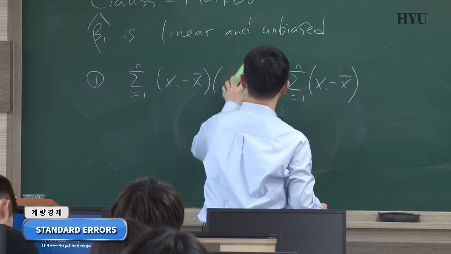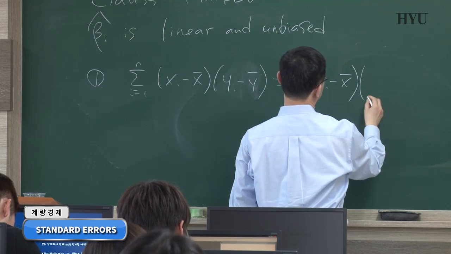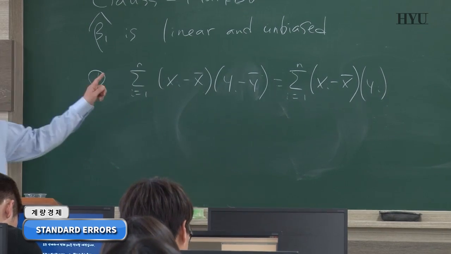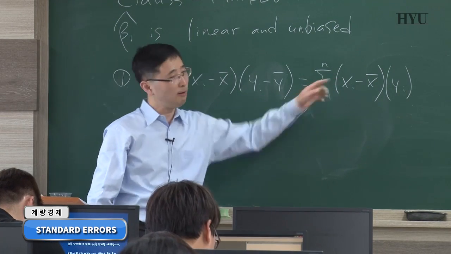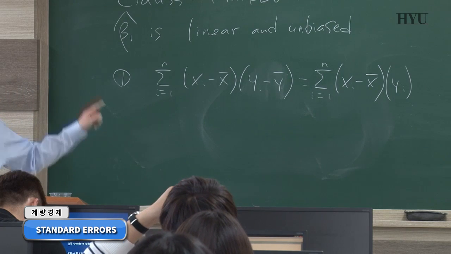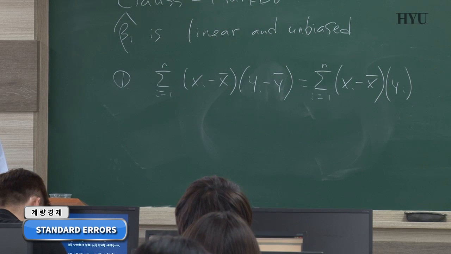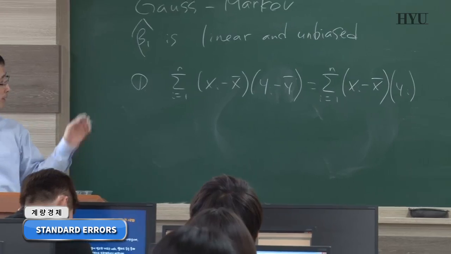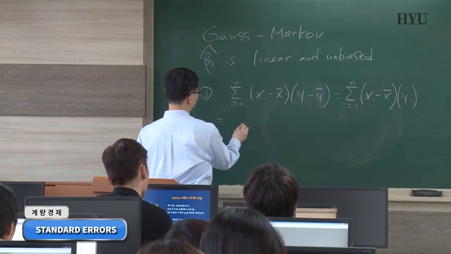The actual claim uses y. So one claim we like to show is this one, right? Subtracting y bar or not does not change anything. Do you know why? Have you tried? If you just multiply everything here and there, you can easily show it.